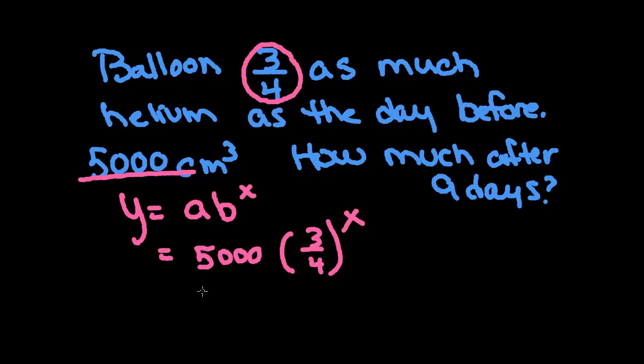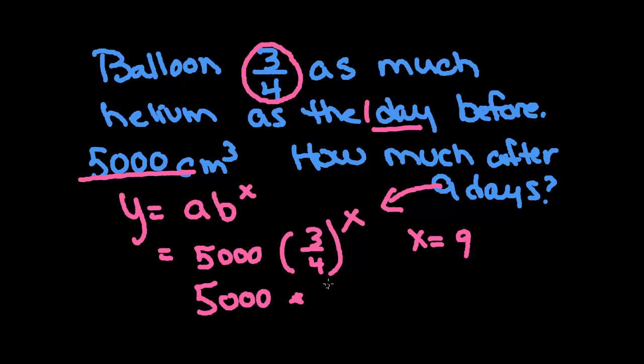So that becomes x, and since we just have the ratio of 1 day to 9 days, x is equal to 9. So we end up with 5,000 times parentheses 3/4, because it's a fraction if you're entering it into your calculator, caret 9.